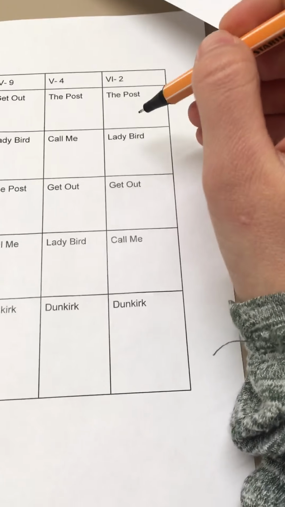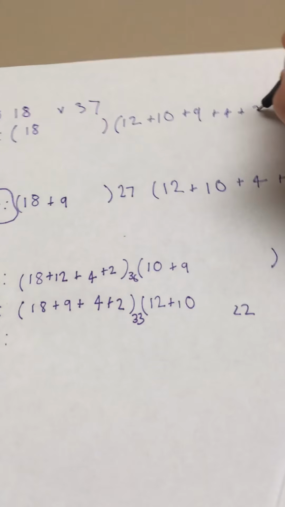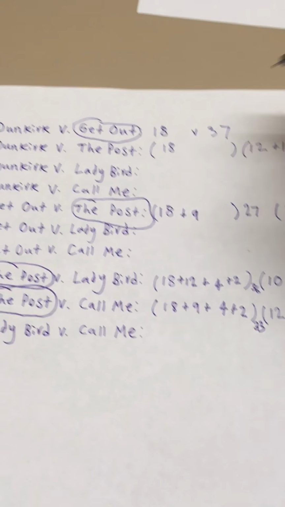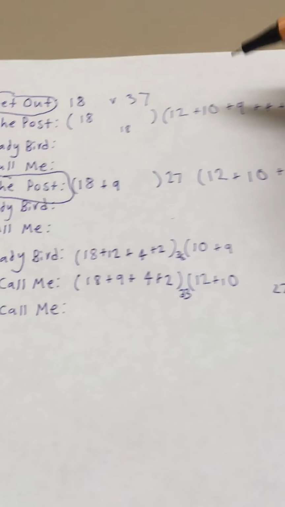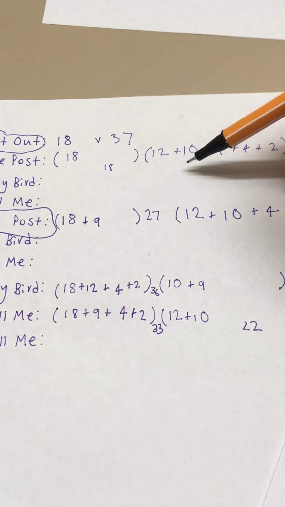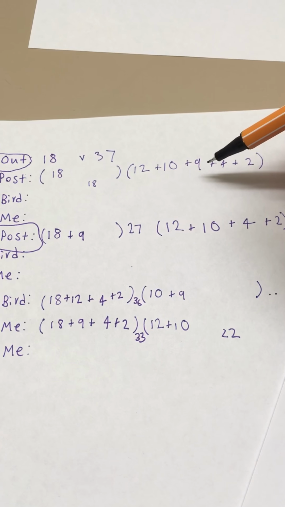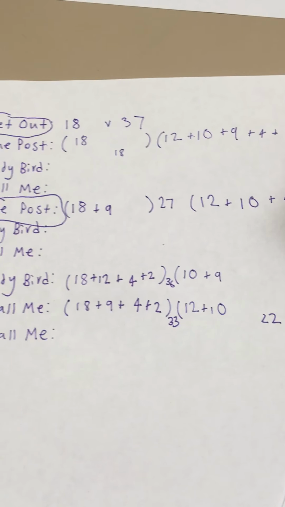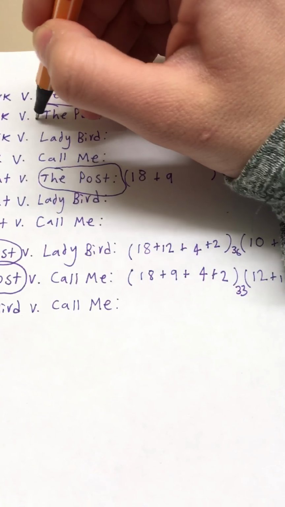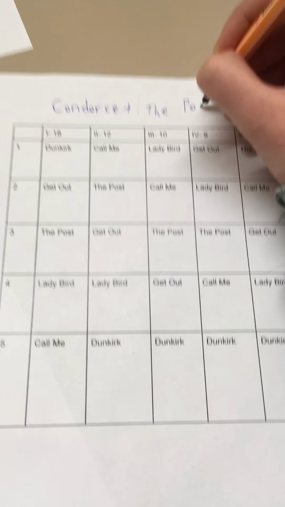Group of 2, The Post beats Dunkirk. So Dunkirk has 18 points, and The Post has 37 points. So when we do this method, The Post beats everything, and The Post wins Best Picture.